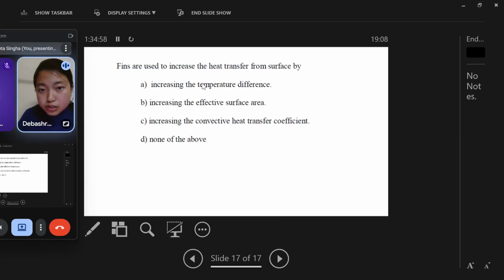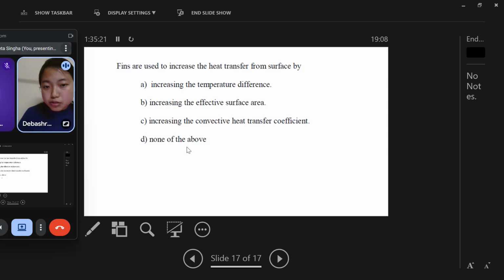Then quickly, this is the last question. Fins are used to increase the heat transfer from a surface by increasing the temperature difference, increasing the effective surface area, increasing the convective heat transfer coefficient, or none of them. Sir has already taught what fins are.